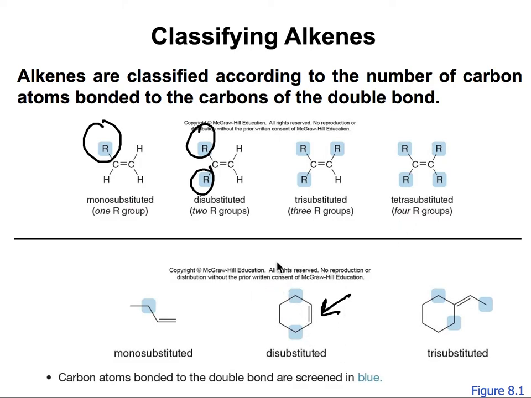So for example, if you go back to the cycle, there is only one H and two H's, so that means that it's disubstituted, just like this one right here. Or if we look at this one, in this case, it's connected to three R's. You see 1, 2, 3. That means that there is only one H still connected to it.